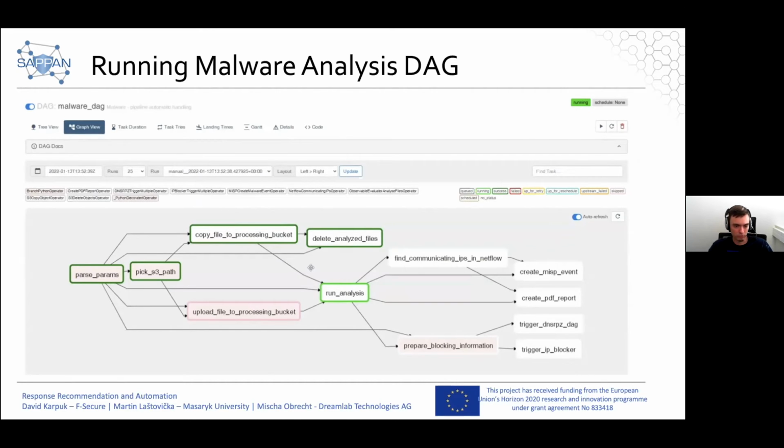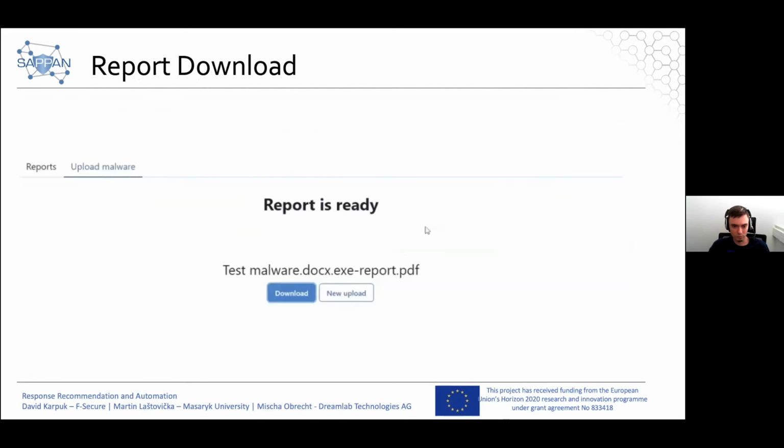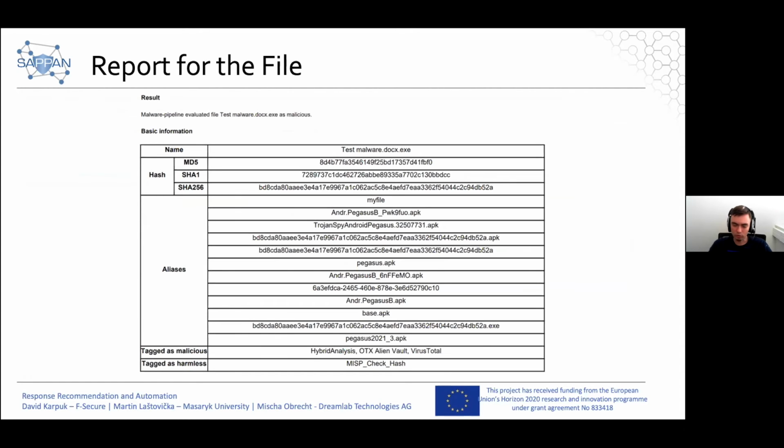And once all of this is green, the report is created and sent back to the analysts. So on the next slide, we can see just the simple UI to download the PDF. And on the next slide, we can see the contents.